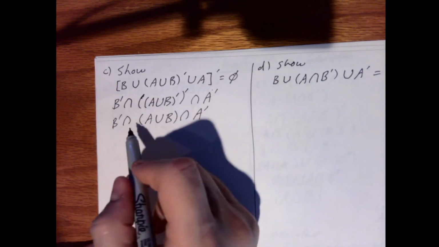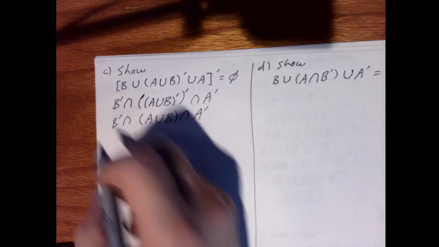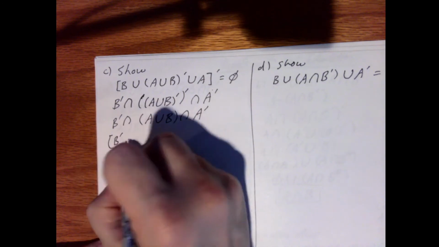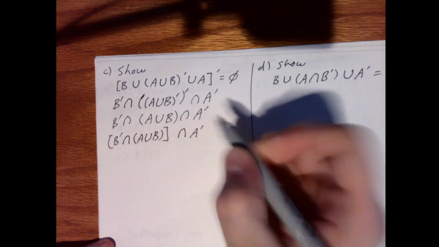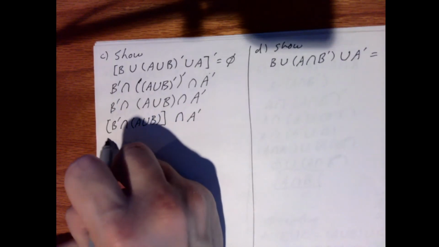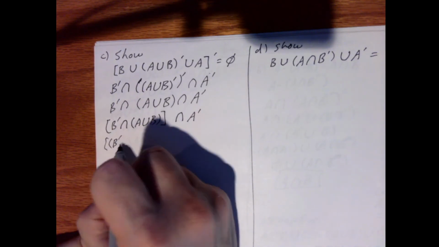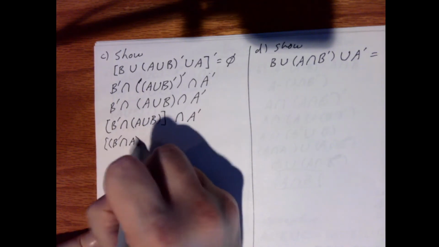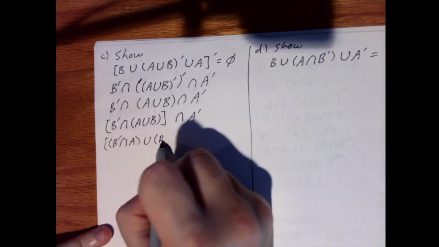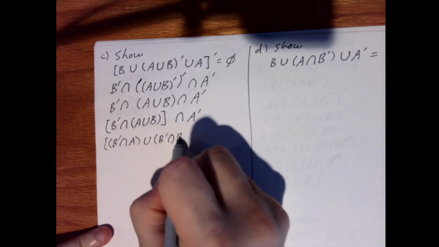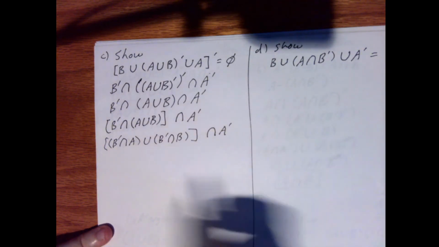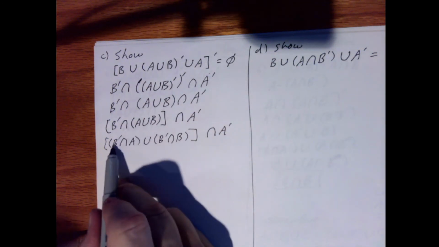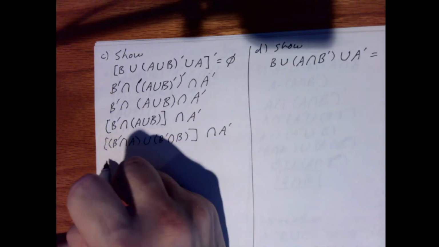I can subgroup it using the associative property. Now I can use a distributive property. So the complement of B intersected with A, I can't simplify that anymore at the moment.